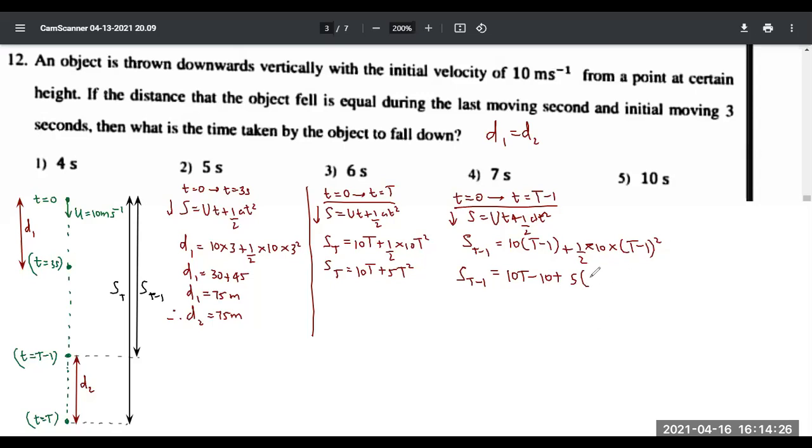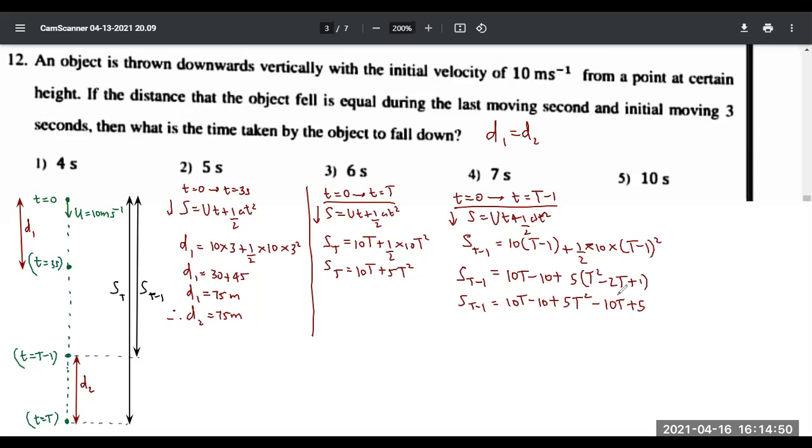So what is (t-1) squared? t squared minus 2t plus 1. If you expand the bracket, I think it will get easier for you. So S(t-1) is equal to 10t minus 10 plus 5t squared minus 10t plus 5. Okay, no need to panic.